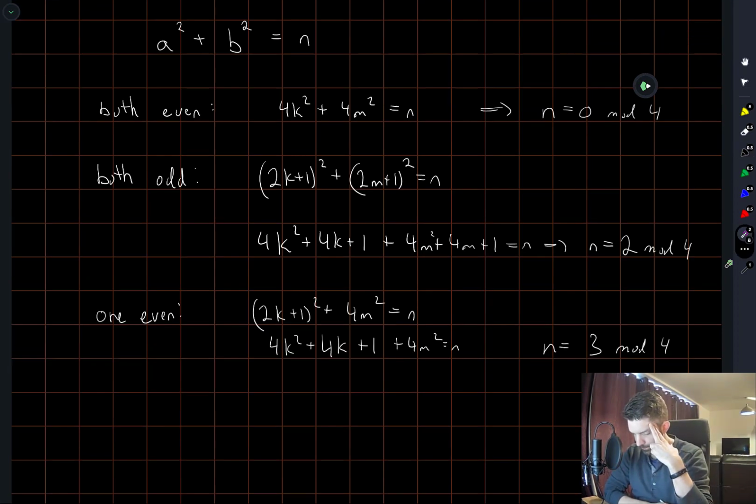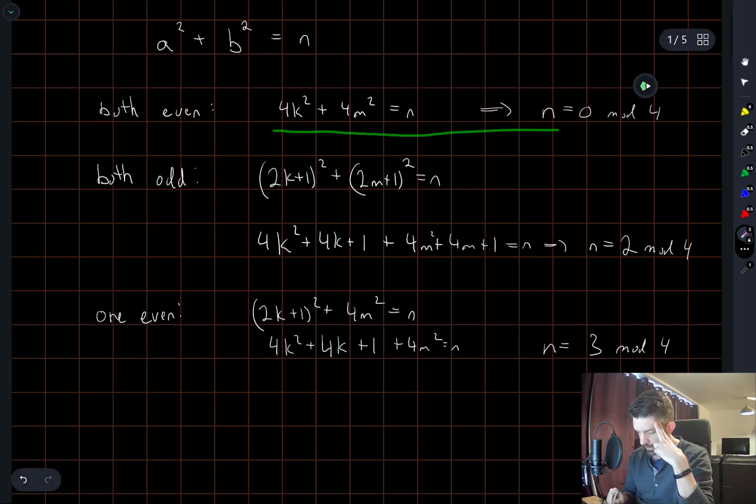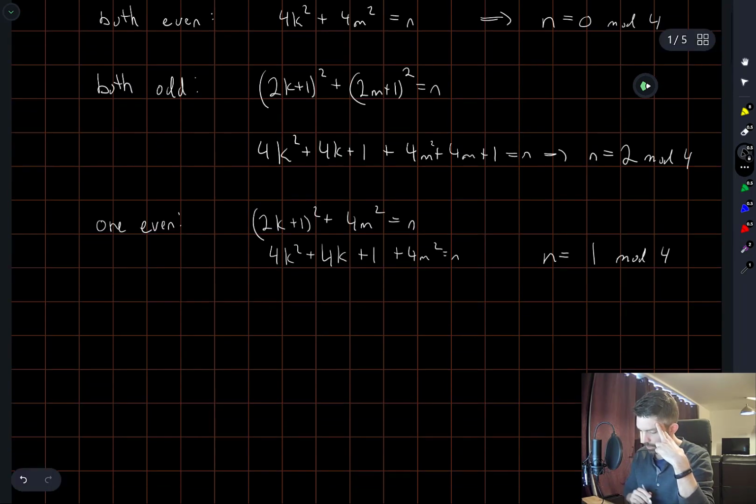Okay, so if n is written as the sum of two squares, I have all possible combinations here. It's either a multiple of 4, or it's 2 greater than a multiple of 4, because we have 2 1s in here, or it's, oops, this is a typo, that shouldn't be a 3, that should be a 1, or n is equal to 1 mod 4. So it's impossible to be a sum of two squares and also be equal to 3 mod 4.